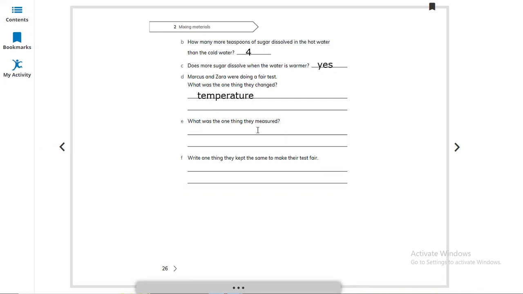How many teaspoons of sugar dissolved: 1, 3, 5 in cold water, in warm water, in hot water. You can also write how many teaspoons of sugar dissolved.